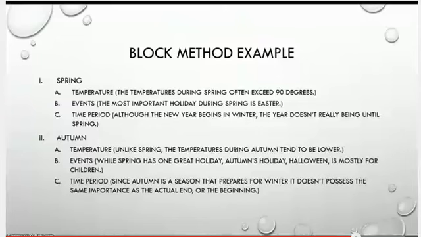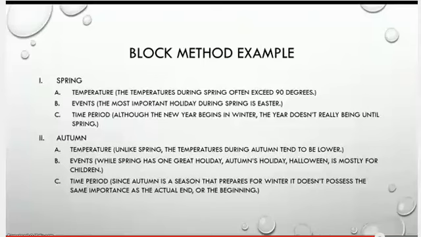Your second body paragraph is when you're going to do your comparing and contrasting. Right? So your sentences may sound like, unlike spring, the temperatures during autumn tend to be lower. For events, while spring has one great holiday, autumn's holiday, Halloween, is mostly for children. And then when you're talking about time period, since autumn is a season that prepares for winter, it doesn't possess the same importance as the actual end or the beginning.